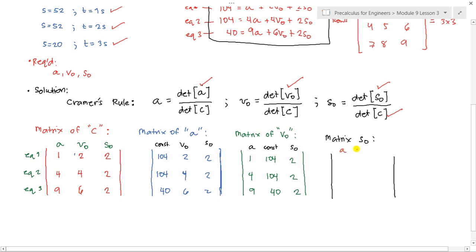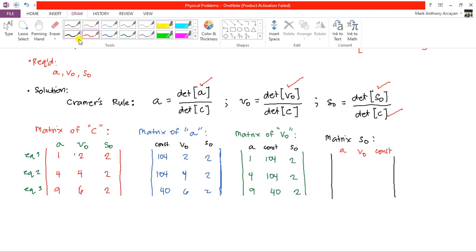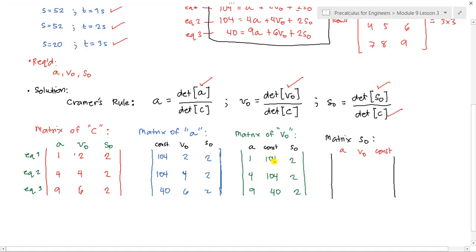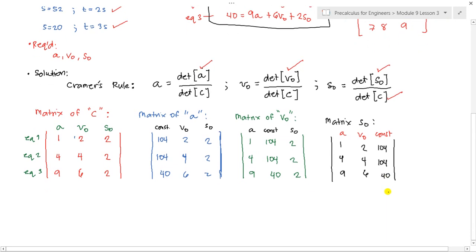So let's start with A, then we have V naught and then constant. So here for A, ato na pod ibalik sa atong entry. So we have 149. V naught is 246. The constant is 104, 104 and 40. So class, nakita na ninyo, na-follow na ninyo ang pattern.